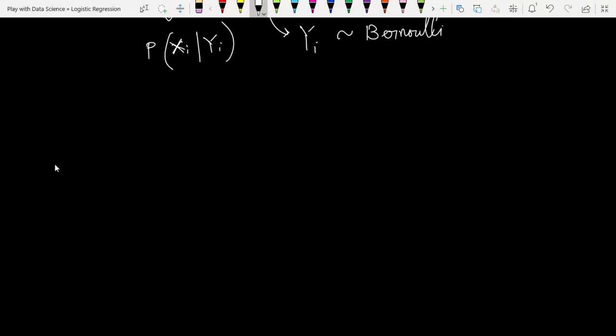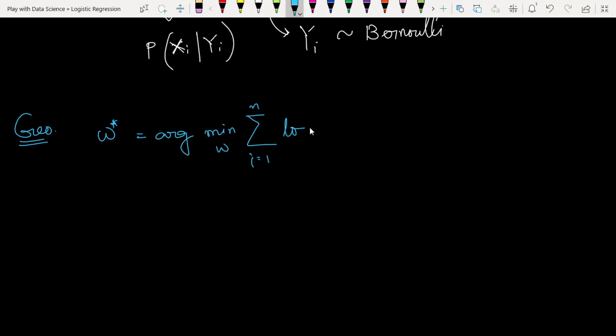So first write down these equations. What do we get geometrically? Geometrically, W star is equal to the argmin over W of the summation from i equal to 1 to n of log of 1 plus, I think you already know our geometrical equation, the signed distance, plus a regularizer term.